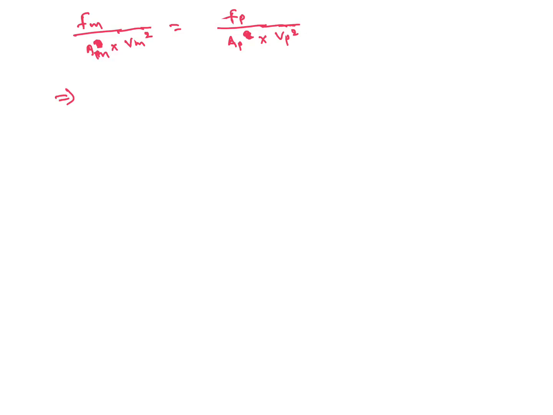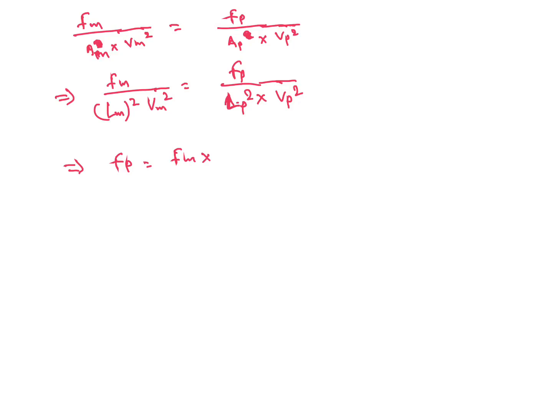Area is length square, so Fm by Lm square into Vm square equal to Fp by Lp square into Vp square. Fp equal to Fm into Lp by Lm square into Vp by Vm square. So put the values.